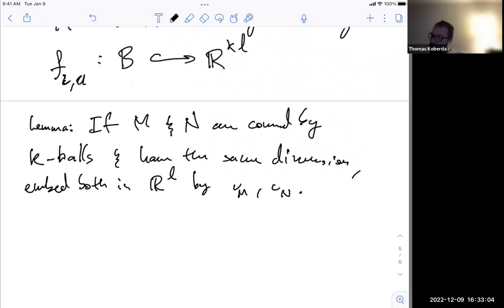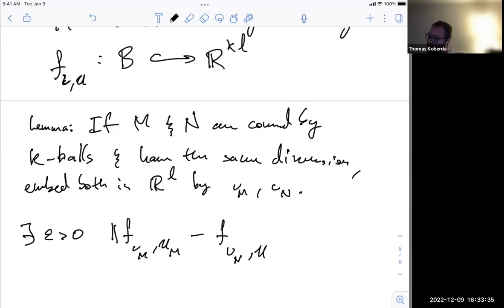So there exists an epsilon which depends on U and on M, so that if you look at the L infinity distance between F of iota sub M and U, the cover of M that you get by K balls, and you compare it to the corresponding embedding of the ball into R^(KL) that you get for N, whenever these are close enough, this implies that M and N are homeomorphic to each other.